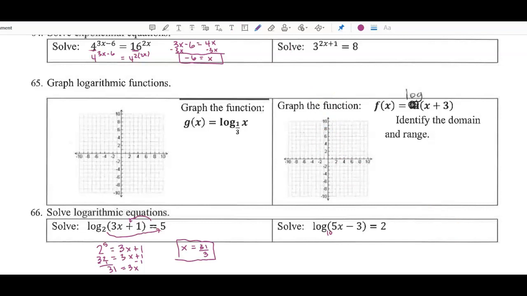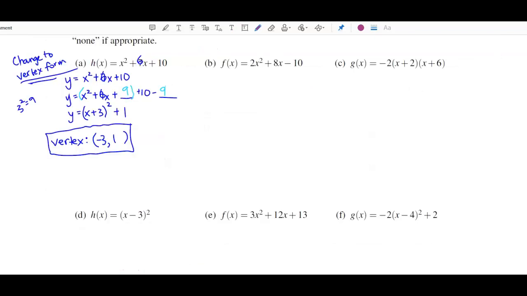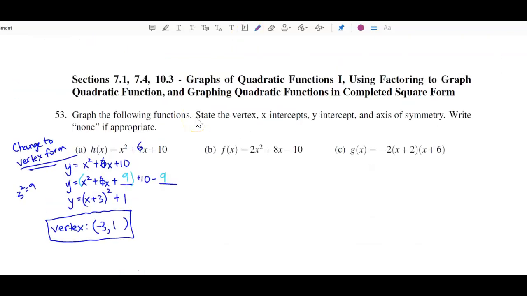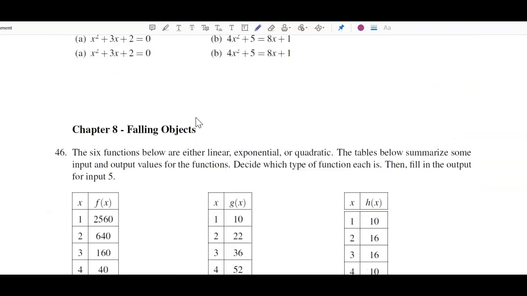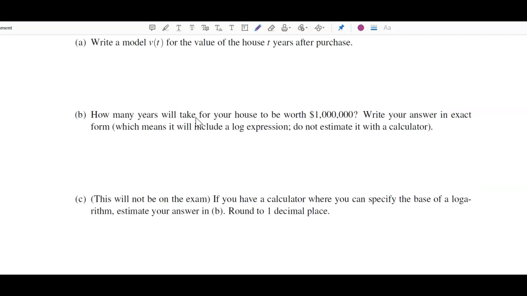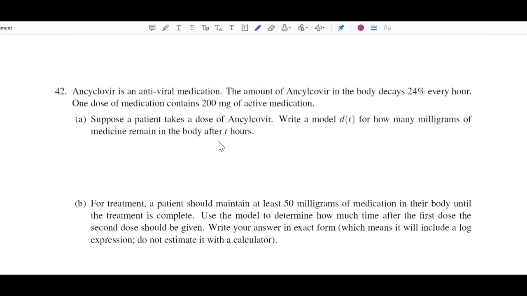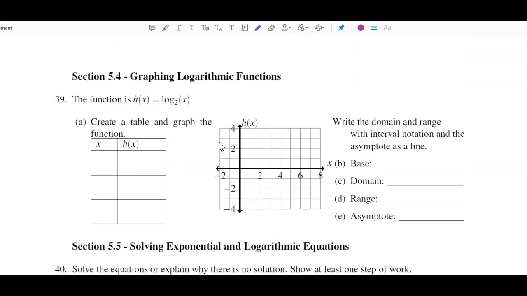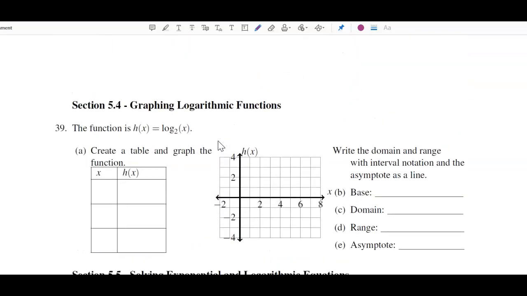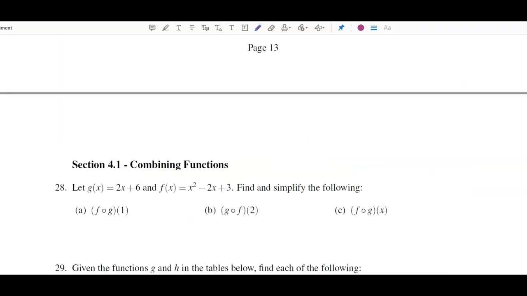Okay. All right, I want to look at a few off of the review. I mean, we did some of these types of problems already on the review that we just did. So obviously I'm not going to go through all of them again, but there's a few on here that I want to make sure that we go through.